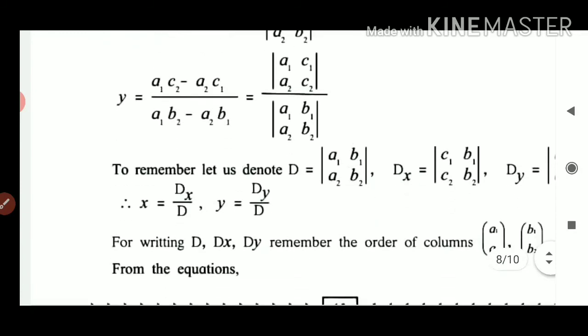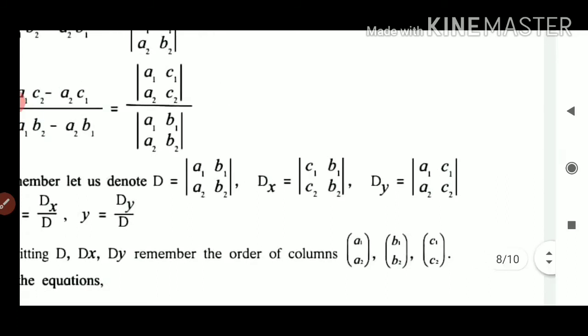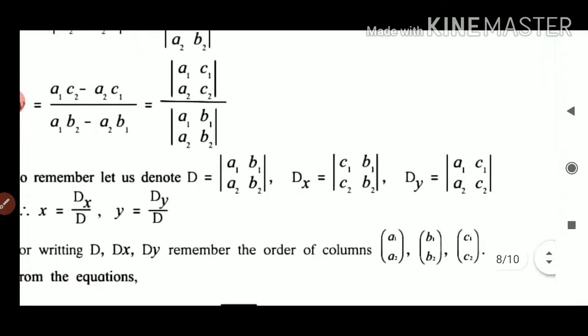Then we have the determinant D. How to find determinant Dx? The constant terms c1 c2 in the first column and the coefficients of y, b1 b2, in the second column. And how to find determinant Dy? First column is the coefficients of variable x, a1 a2, and constant terms c1 c2 in the second column.